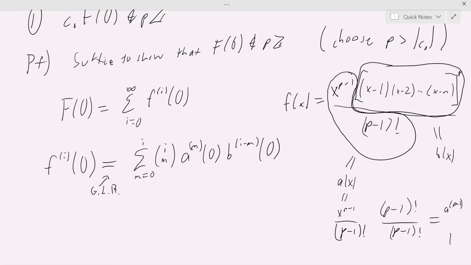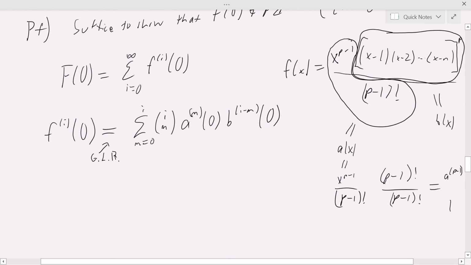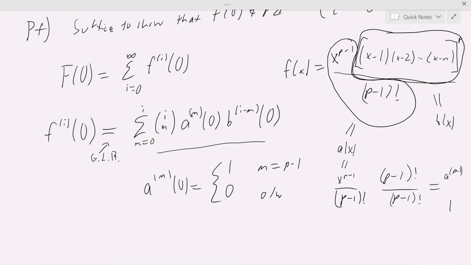So we can summarize this as, the mth derivative of a evaluated at 0 is going to either be 1 in the special case that m equals p minus 1, and it's going to be 0 otherwise. And this really simplifies the summation above here, because typically it doesn't even matter what the b function is, you're just multiplying by 0 almost every time.